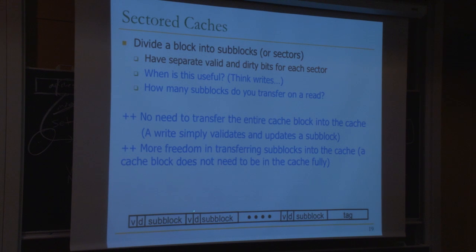And you can store only that because you have individual valid and dirty bits for that subblock. Does this make sense? You guys can devise policies even perhaps. You could do that as part of your lab 5 assignment, since you're optimizing the caches. You could actually implement a sectored cache and see the benefits as your cache optimization. Yes?